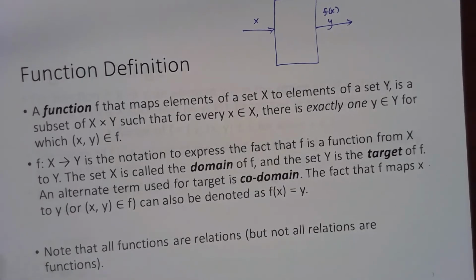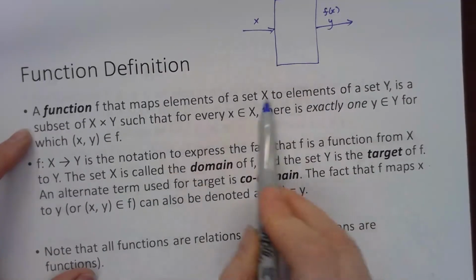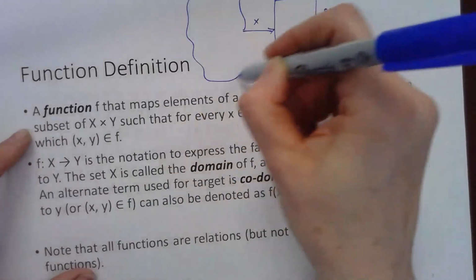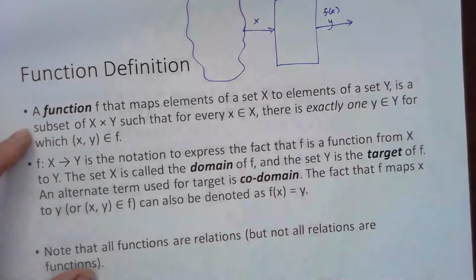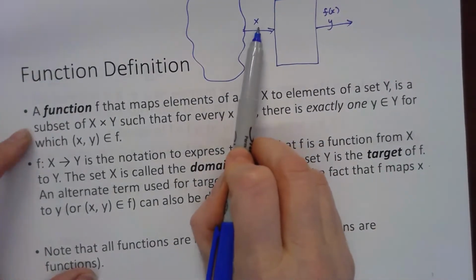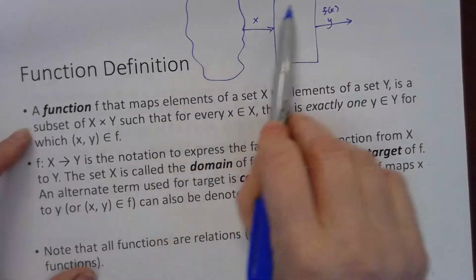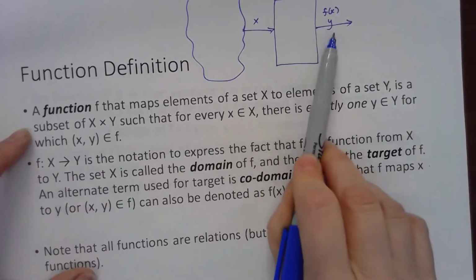Okay, so a function maps elements of a set x. If you think about where the inputs are coming from, there's this big set of elements here. I call that set x. So this lowercase x, I get that input out of this big collection of things. And I put it into my function, and it produces a value.